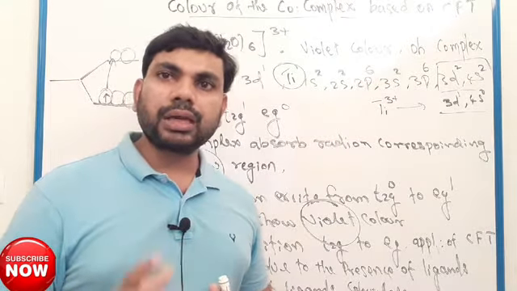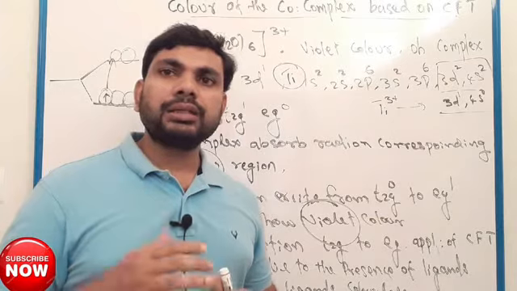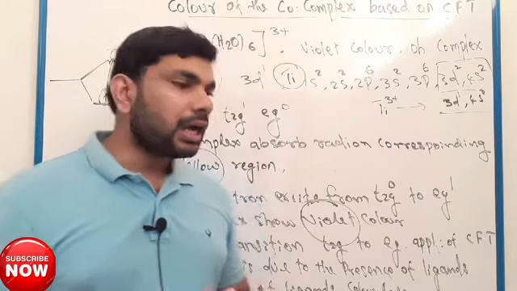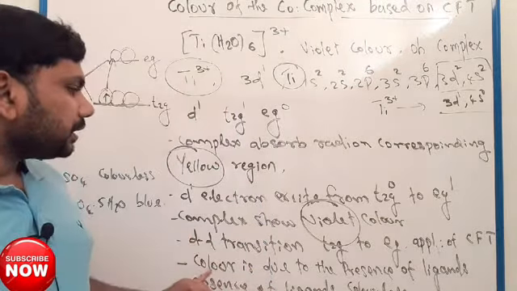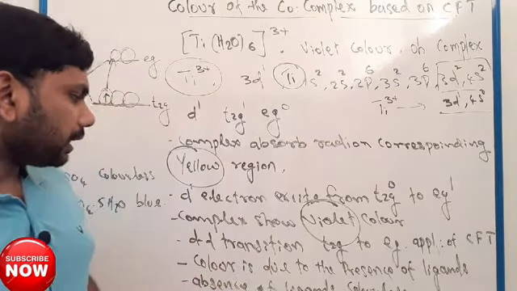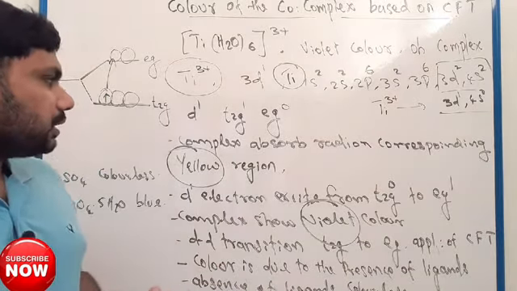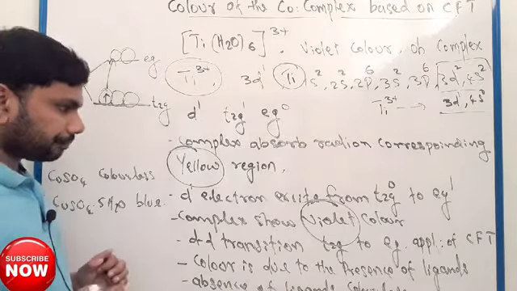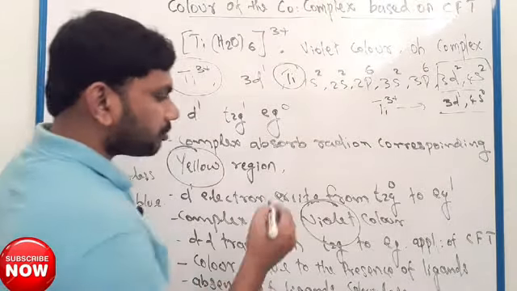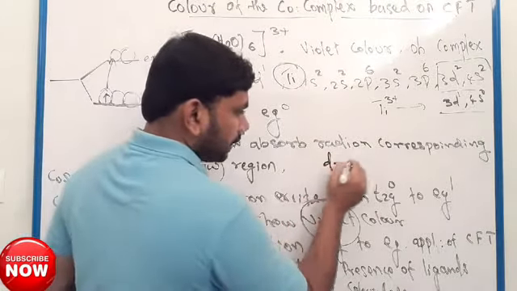The d electron from the d subshell undergoes a transition, and this transition is called a dd transition. We can represent the dd transition like this.